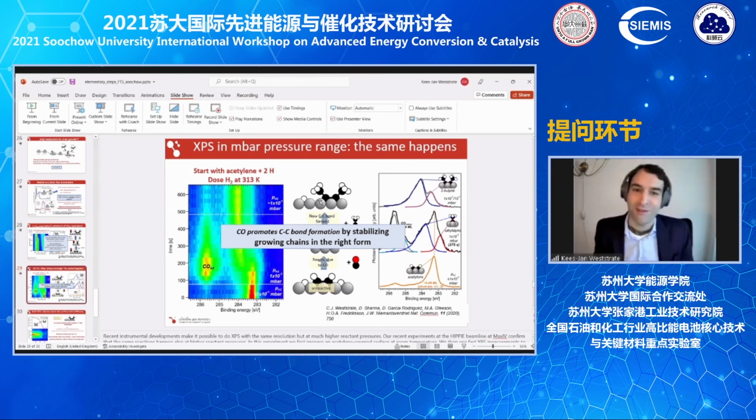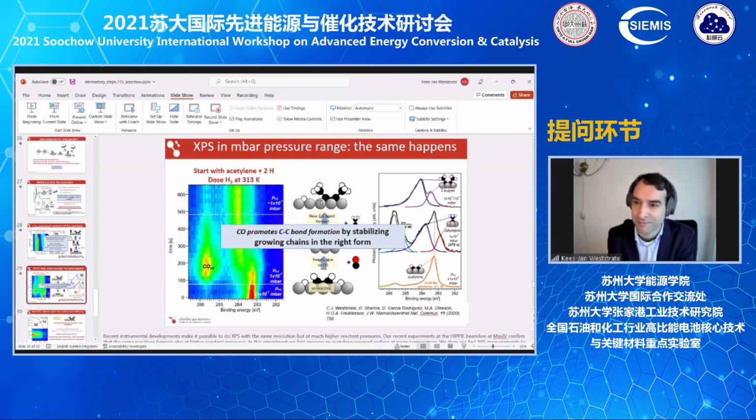You can, with instrumentation, overcome this, and you can also learn if pressure plays a big role. So far from my experiments, I still think that the thing I see at low temperature and low pressure, you can extrapolate. You can say, okay, this can also happen at the real catalyst surface. You have to really find your results and then think afterwards what it means for the real catalyst.